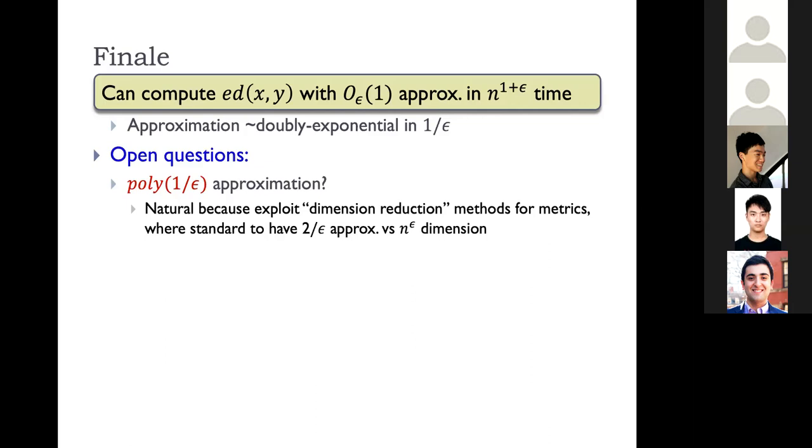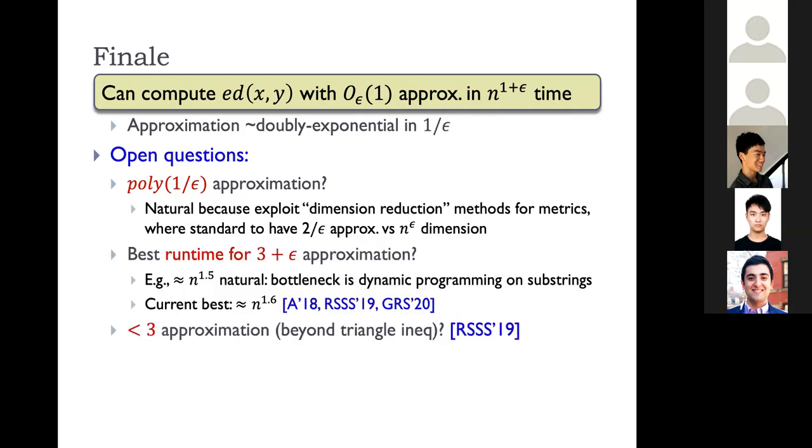There, the trade-off that one obtains is that the dimension, or size or query time, is n to the epsilon, and the approximation is roughly 2 over epsilon. These are much more concrete trade-offs. I won't get into that, but it feels natural to try to shoot for order 1 over epsilon approximation, or at least poly 1 over epsilon approximation, which would be a doubly exponential improvement over what we have at the moment. So that's one natural open question.